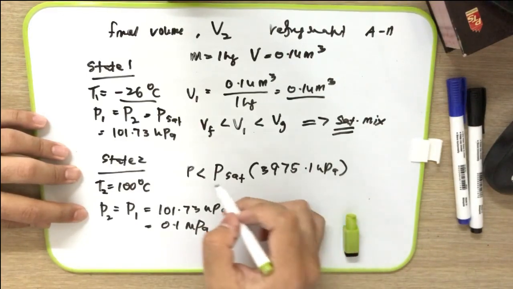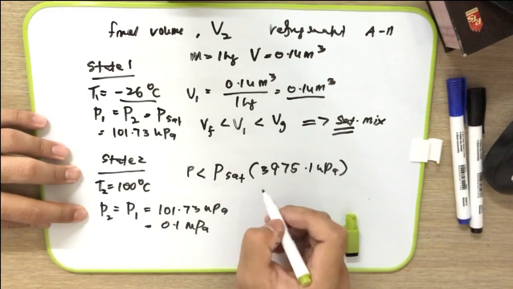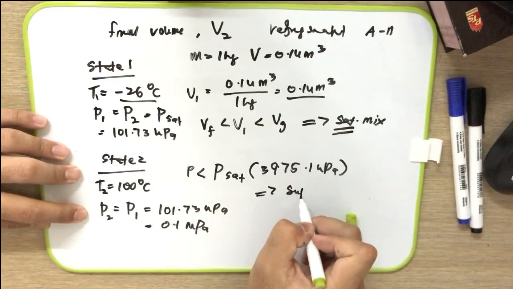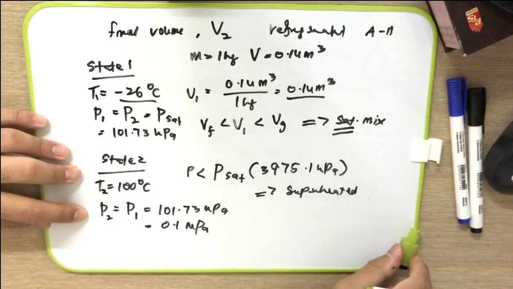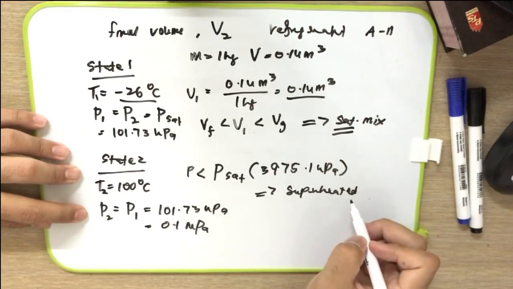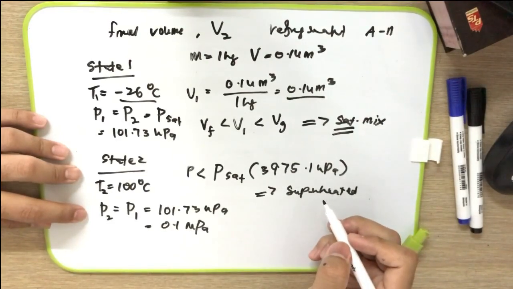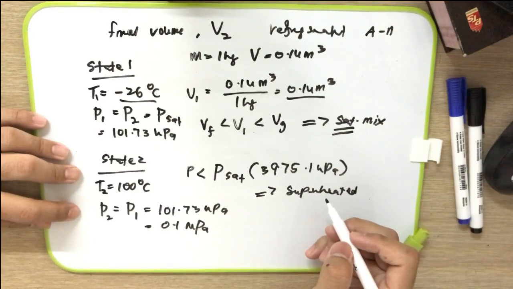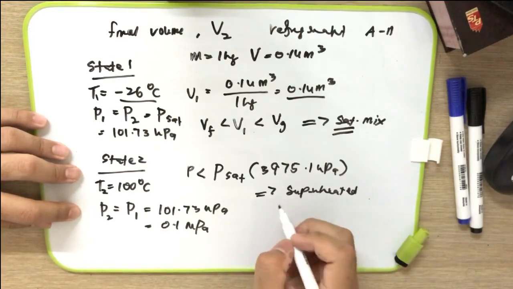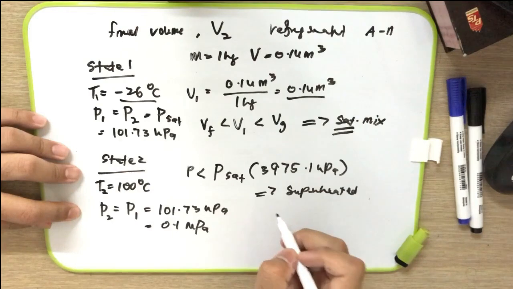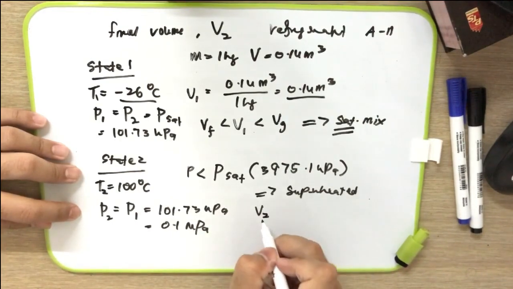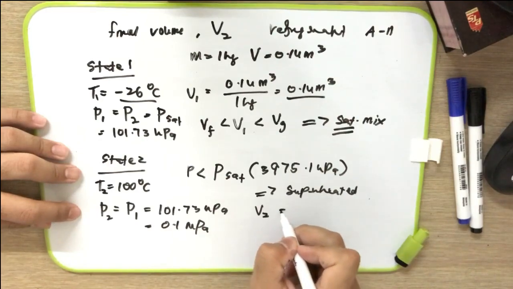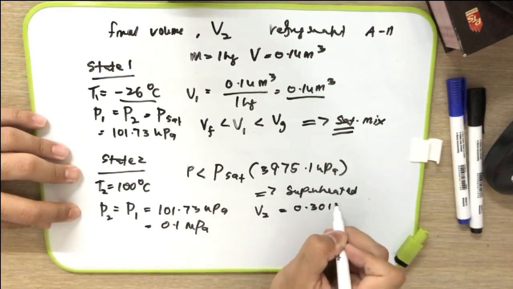According to the first condition, when P is lower than P saturated, it is superheated. Once we know it is superheated vapor, we go to the superheated vapor table for refrigerant. You can directly get the V2, but this is a specific volume, 0.30138.